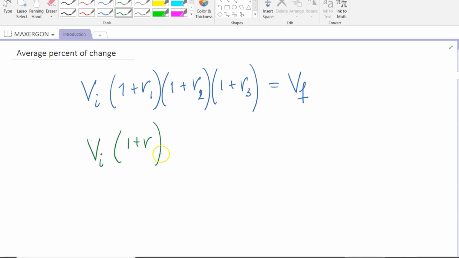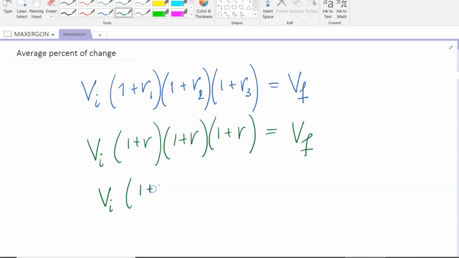Then I increase the resulting value by the same percent, and again I increase the resulting value by the same percent in order to get to the same final value. Of course, all these three brackets will result in an exponent, so it's multiplication of the same number. It will be VI times (1 plus r) exponent 3 equals VF.